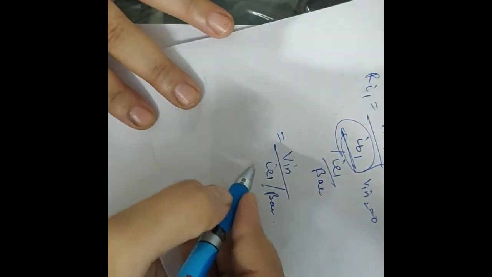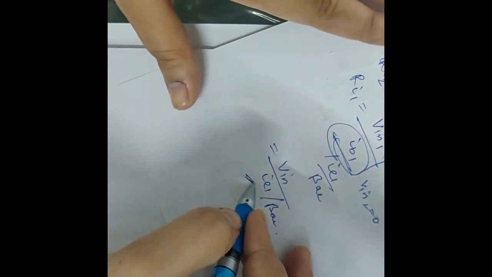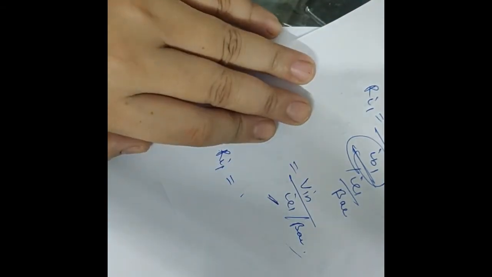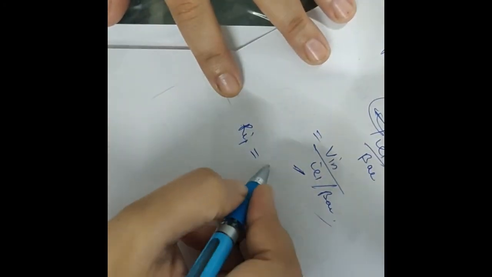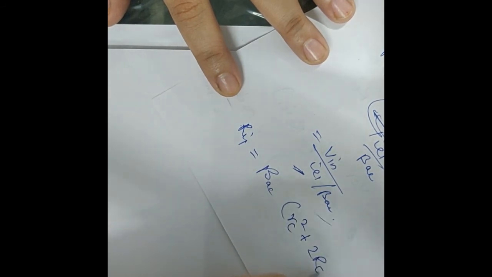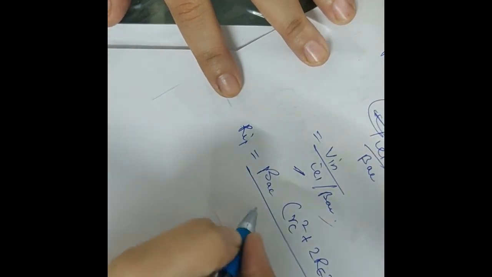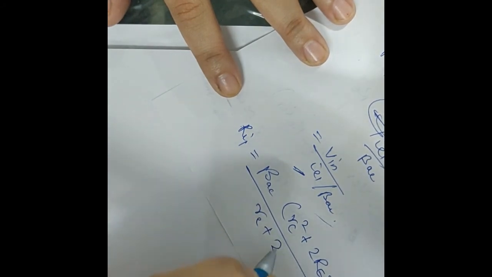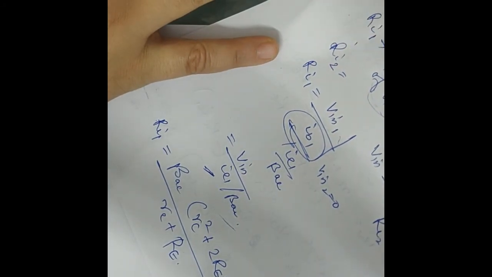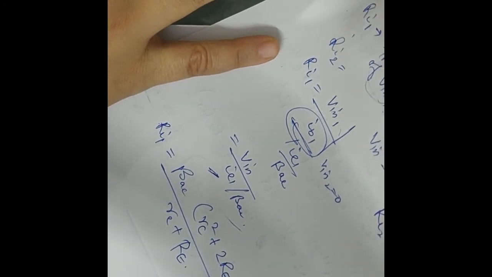Now we'll use the previously calculated value of IE1, substitute it here, and we'll get the input resistance from the input source voltage Vin1, that is beta AC times (RC square plus twice of RE) upon (RE plus RE), right?